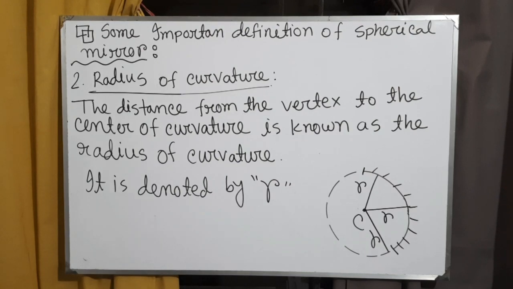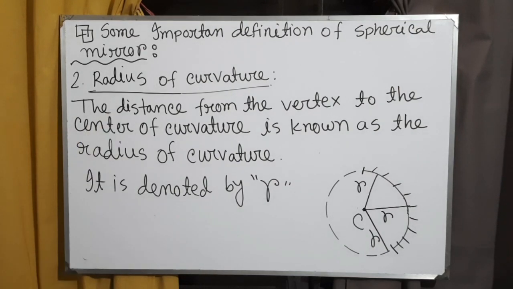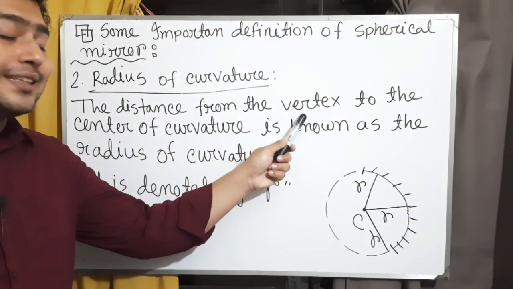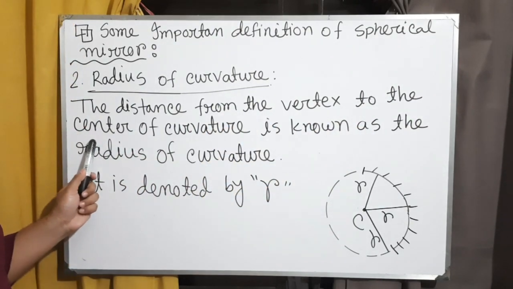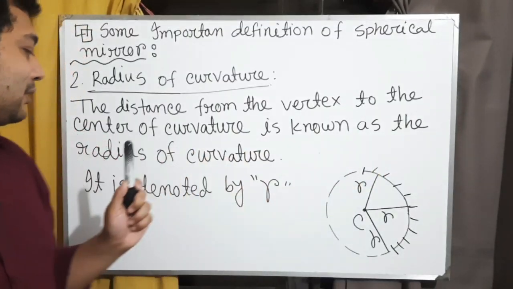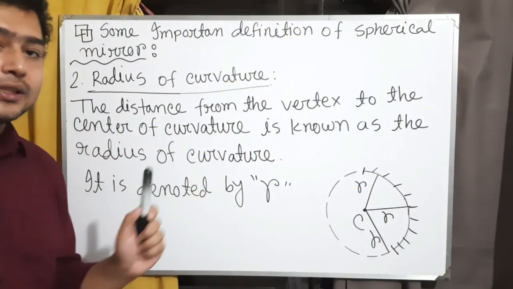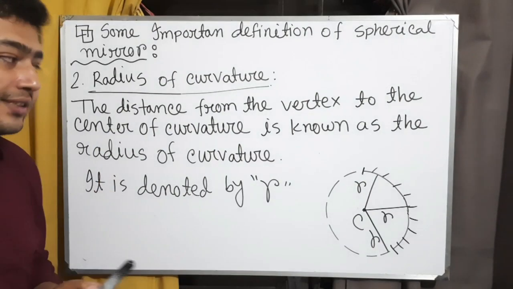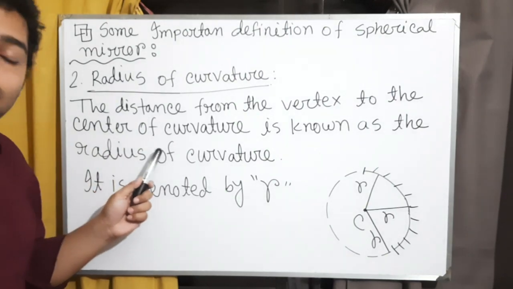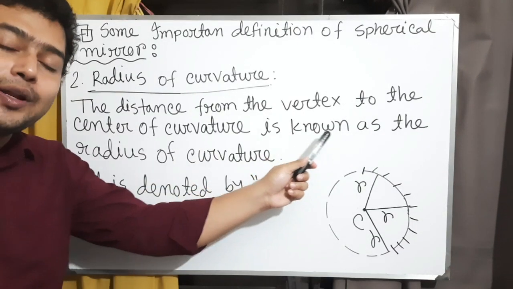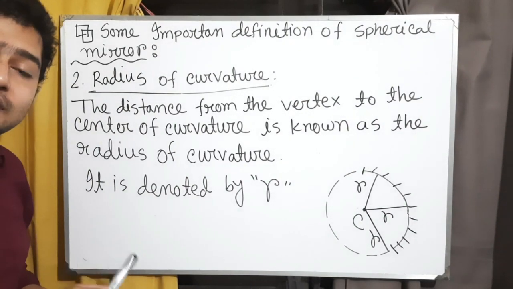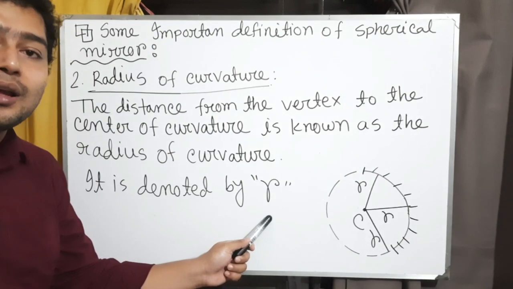Our next definition is the radius of curvature. The distance from the vertex to the center of curvature is known as the radius of curvature. The radius of curvature is denoted by a small r.